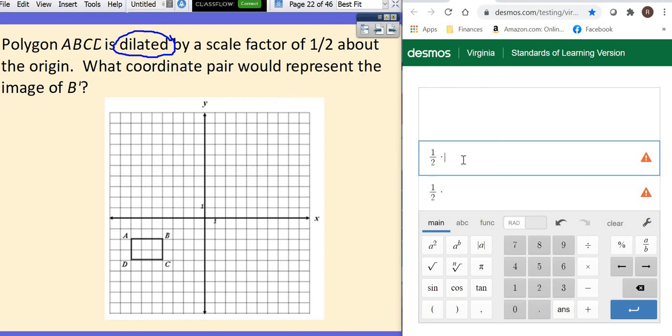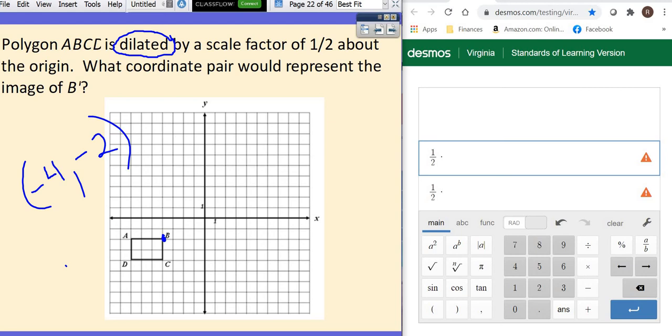What coordinate pair would represent the image of B prime? So they're only concerned about B, so that's all I'm going to worry about. So B is point, let's count backwards, -1, -2, -3, -4, and then I went down 2, so that's -2.